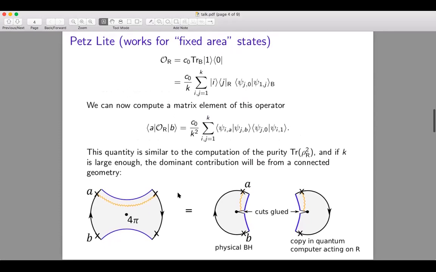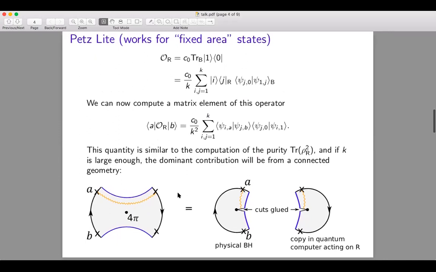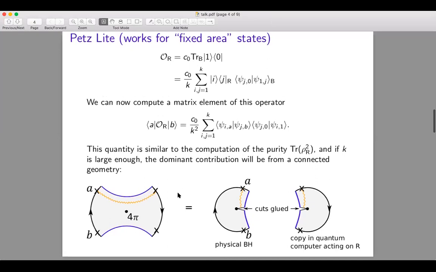So this PETS light map that we're discussing is a special case of the PETS map of a general reconstruction formalism that works for what are called fixed area states. What a fixed area state is, this is something that was discussed by Akers, Rath, Dong, Harlow, and Marolf. It is a bulk state where there's one point in the geometry here where you fix the area, or you fix the value of the dilaton, JT gravity, and you allow arbitrary conical excesses or deficits.